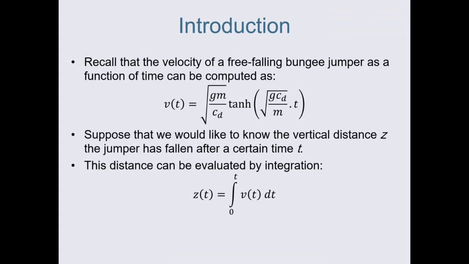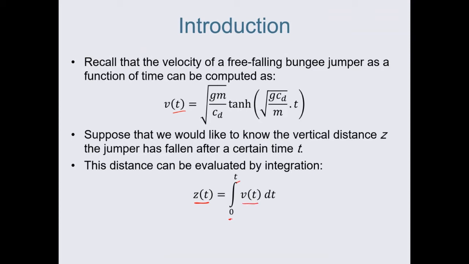Now, going back to the bungee jumper example, remember we can find the velocity that we have derived from the first chapter. We can find velocity as a function of time according to this equation. Now, suppose you would like to know the vertical distance the jumper has fallen after a certain time. So to find that distance, you have to integrate the velocity from 0 to time.